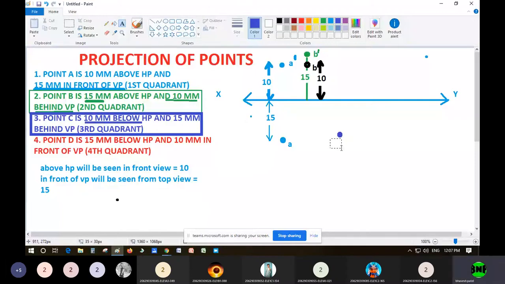And let me note the distance. You have to draw the line on the side. Please remember, it is 10 mm.